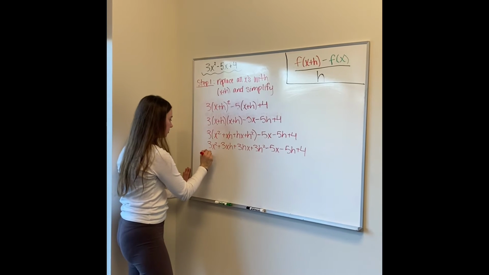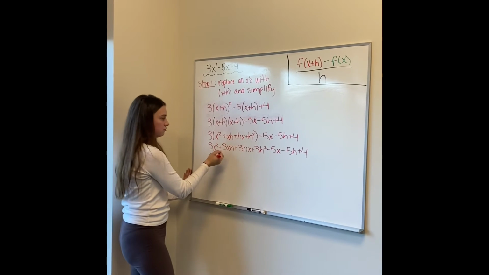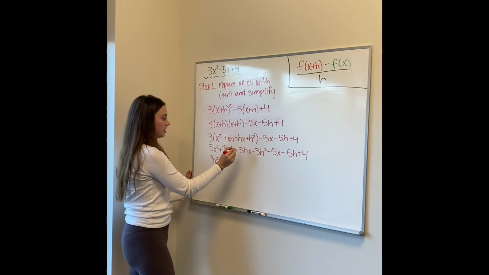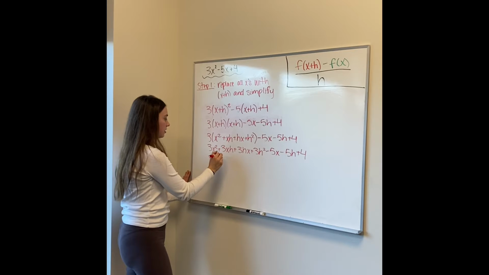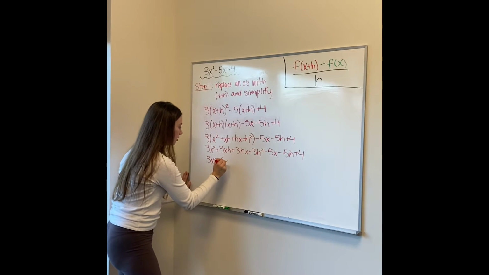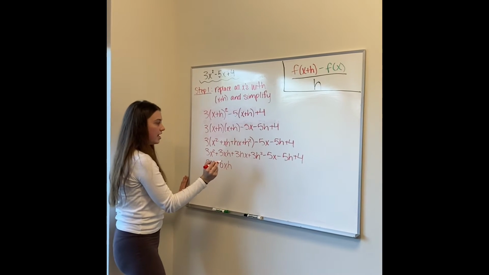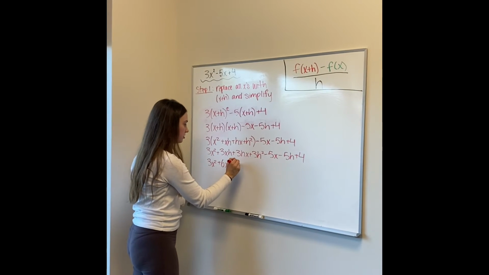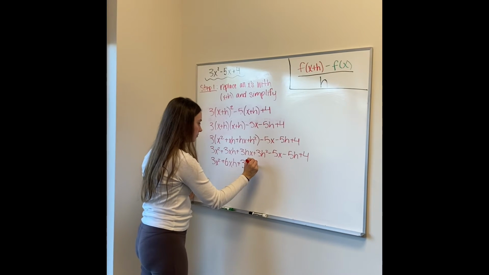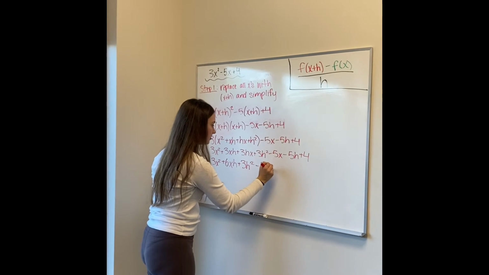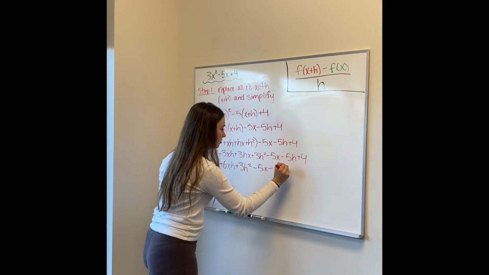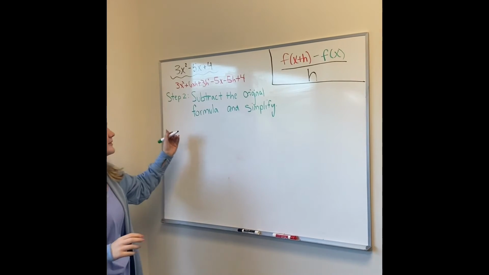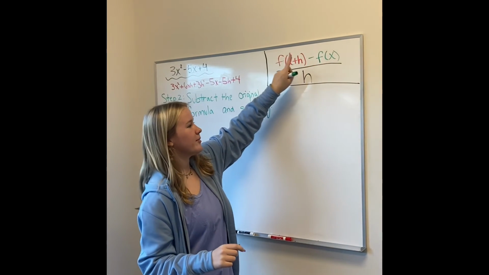So it's going to be 3x squared because there's no more x squareds, and then 3xh and 3hx are the same thing, so we're going to add those together, 6xh, and then everything else is different. You can't add them together, so it's going to be plus 3h squared minus 5x minus 5h plus 4, and then everything's simplified out.